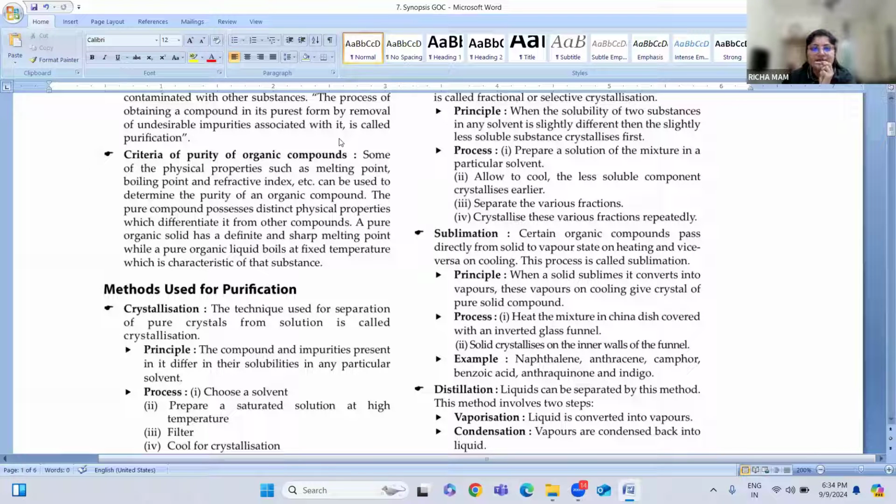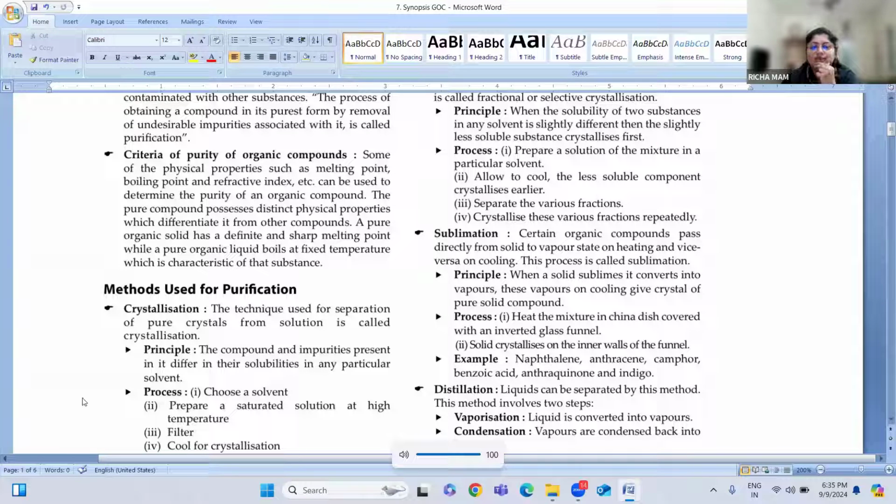Whatever impurities are there will remain in the funnel, and the solvent you get will contain your compound. That compound will convert into crystals, and the solvent will evaporate. I hope you know this. So this is about crystallization.